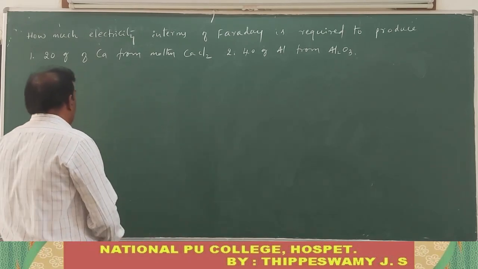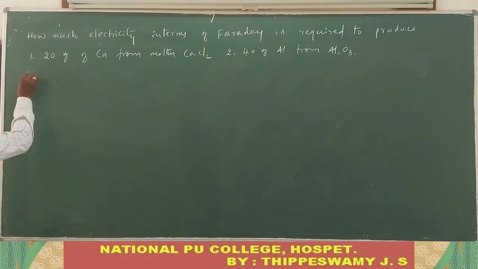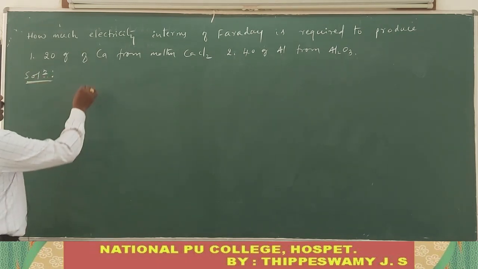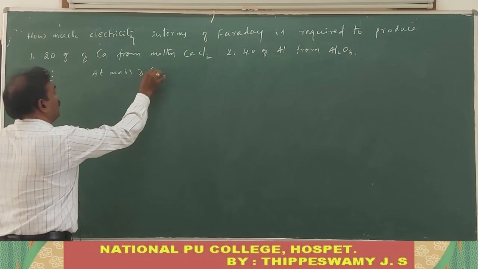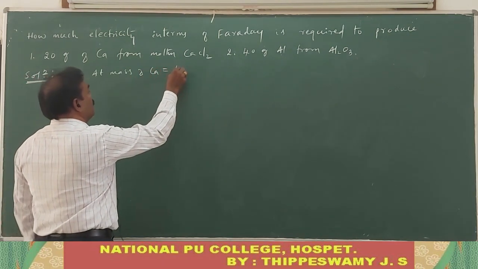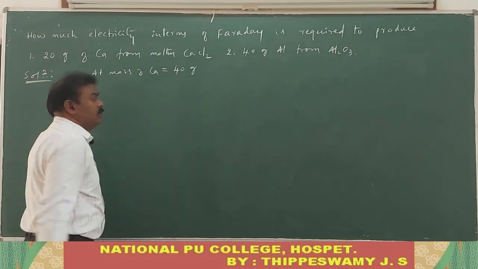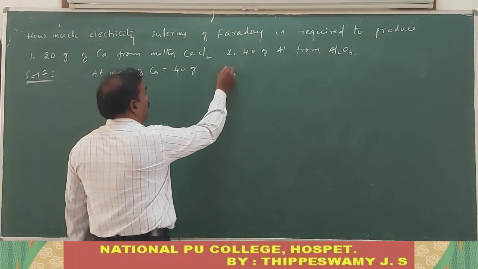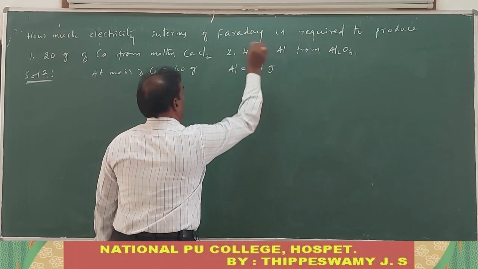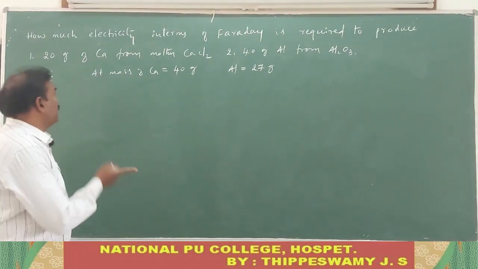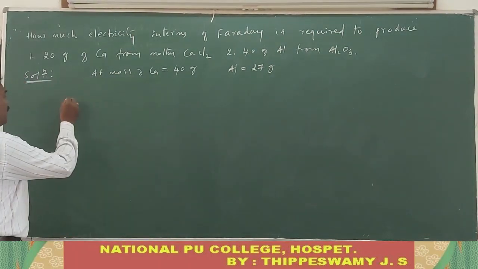Now regarding this one we will solve here. We should know the atomic mass of calcium. You know what is that? Atomic mass of calcium is 40 gram, and atomic mass of aluminium is 27 gram. Now you can take the first one, calcium chloride.